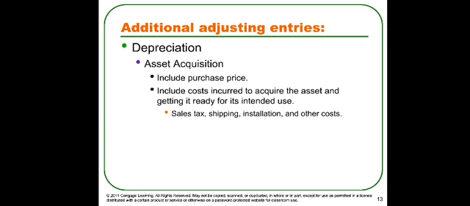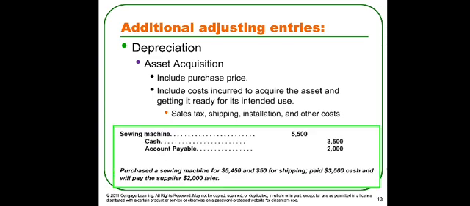Okay, let's see the explanation related to depreciation. Before you can calculate the depreciation, you have to know how to record an asset acquisition, or how to record the purchase of an asset. Remember, when you purchase a non-current asset, the value that you have to record in your journal is the purchase price plus the cost that you have to pay to get the asset.